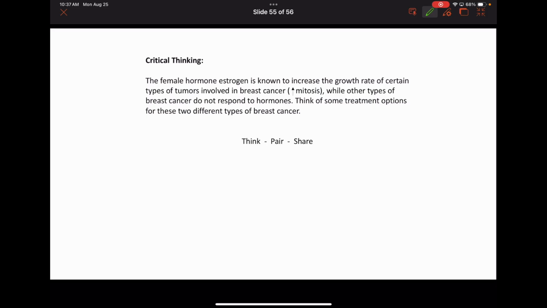Do they want to have children? Because you may not want to go that drastic on a patient that's very young. You don't want to remove their ovaries if they still desire to have children. So you want to think of different options, which in that case, maybe we do want to give them a downregulator so the estrogen isn't causing such an increased growth of that particular tumor. Okay. Does that make sense? Okay.